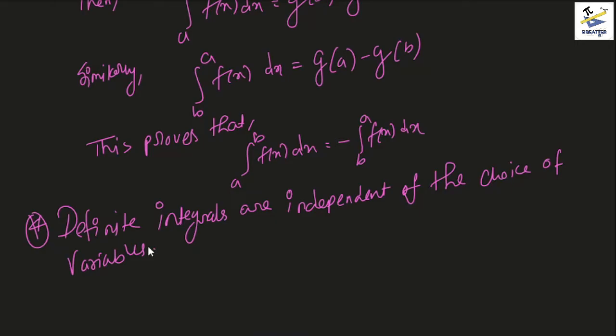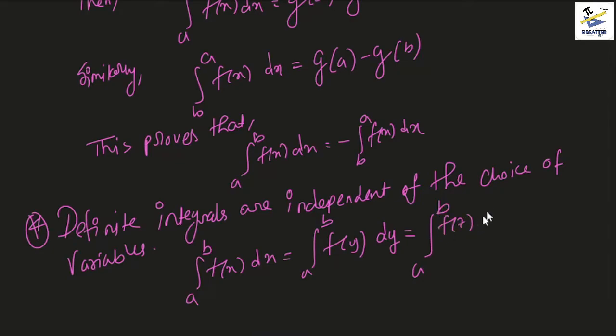So what it means is that a to b f of x dx is the same as a to b f of y dy, and this is also the same as a to b f of z dz, because it doesn't matter what variable name you use, as long as the limits are real numbers a to b and not a function.